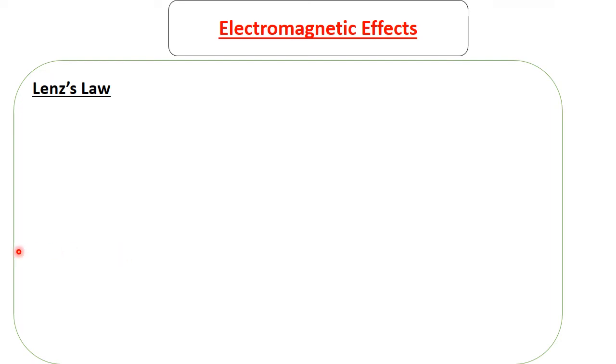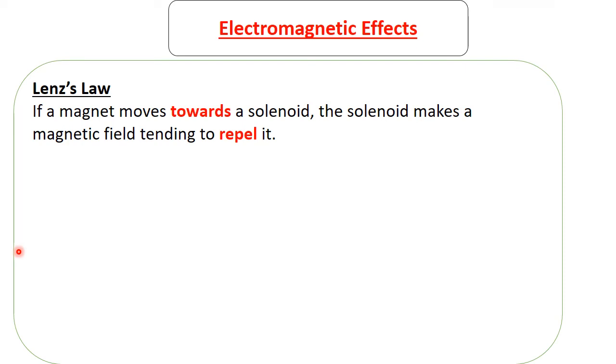So Lenz's law comes from this observation. If you get a magnet and move it towards a solenoid, remember, a solenoid is a coil, of course, it can even have a core in between, a coiled wire that might be surrounding another metal, maybe a soft magnetic material like iron.